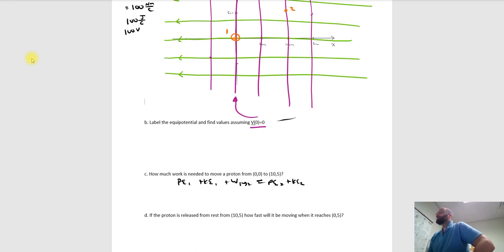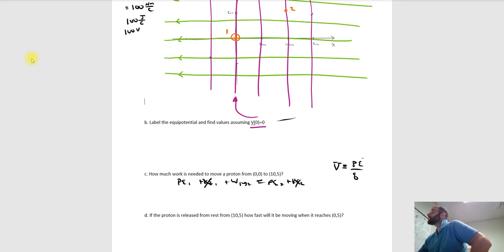Now, nobody said anything about moving this proton fast. Nobody said anything about changes in speed or anything like this. So we're going to say these things are the same. Now, our PE1 term: remember how electric potential is defined. Electric potential is defined as potential energy per unit charge.